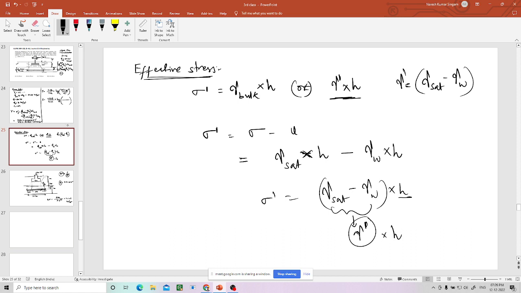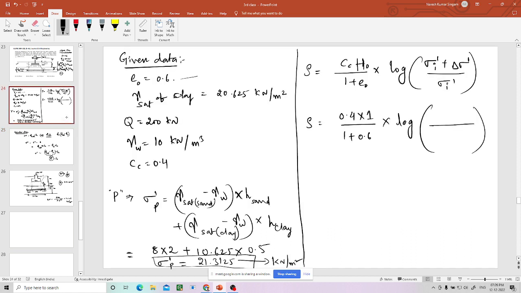What is that value? Sigma is 21.3125. So you can substitute all these values: 21.3125 plus 16.326. Now you have to tell me the final value by calculating. Just tell me what is S now. So take 1 minute, please solve and tell me.